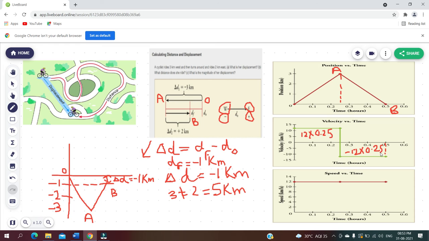They are the same in magnitude but opposite in direction, so they will cancel each other, so the net displacement will become equal to 0 and average velocity will also be 0.